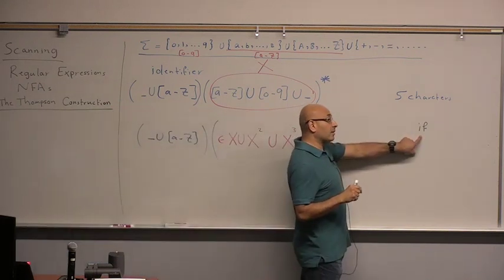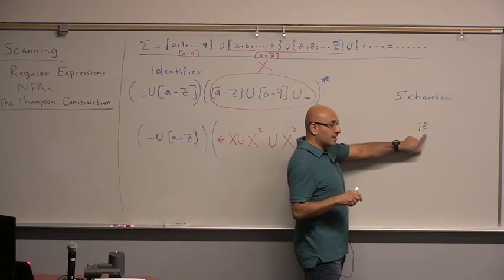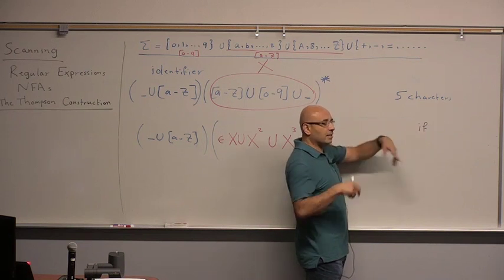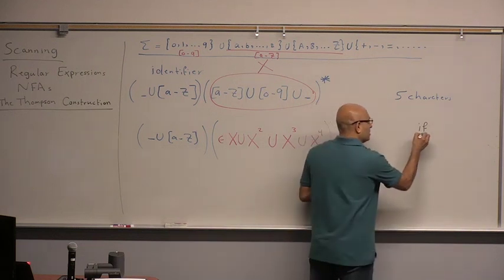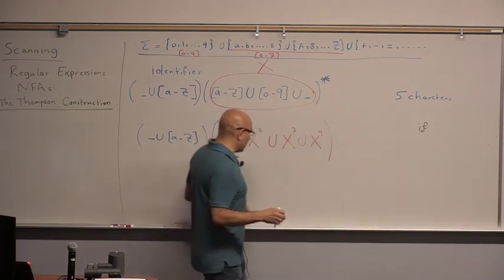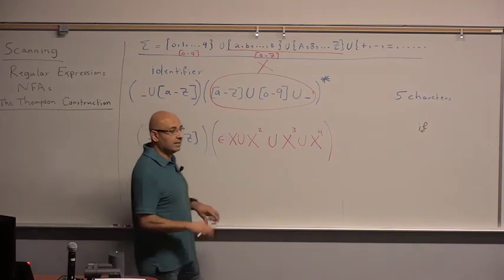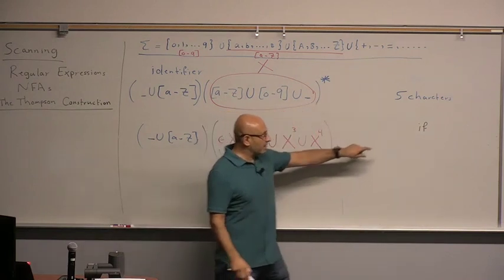This is a valid regular expression because it has 2 symbols from the alphabet, and there is concatenation here. Usually we drop the concatenation symbol, just like we drop the multiplication in algebra. So this is I concatenated with F.